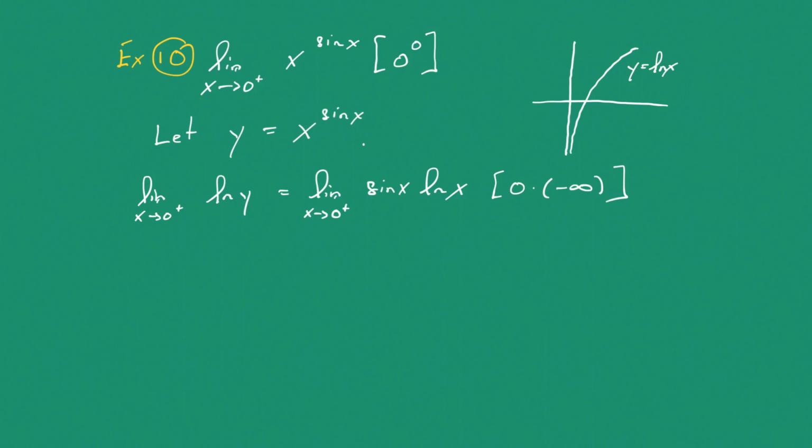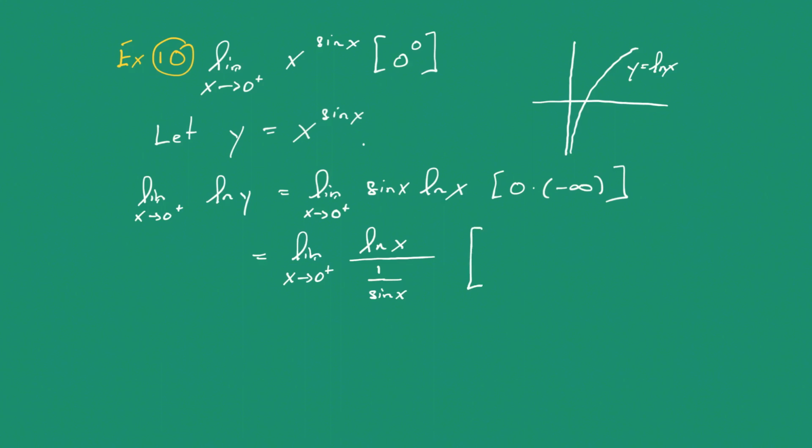All right, how do we evaluate limits of type 0 times minus infinity? Well, remember, we're going to take one of the two factors and put it in the denominator as its reciprocal. And you can try either one, but I'm going to try putting sine x in the denominator as its reciprocal, as we did a couple of videos ago. All right, now what does this look like?